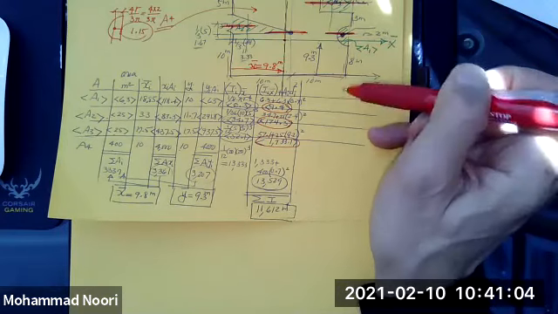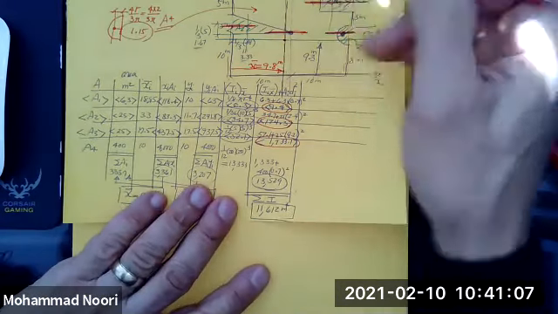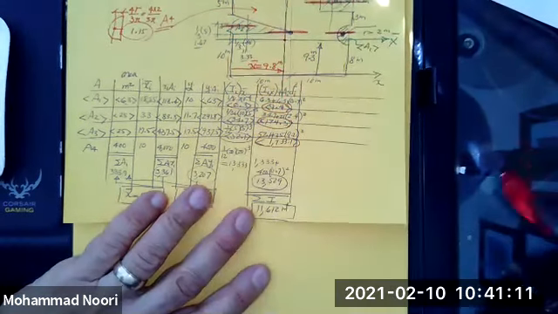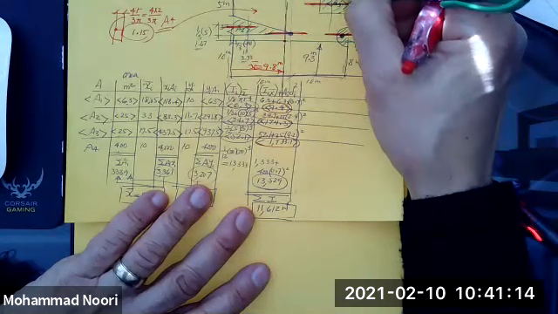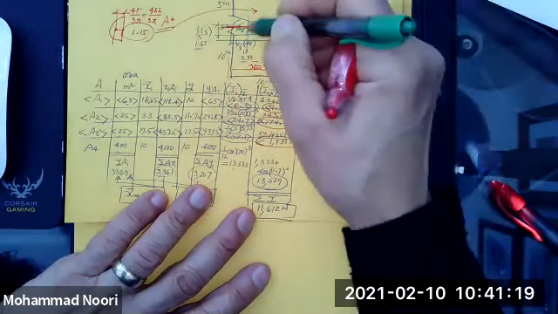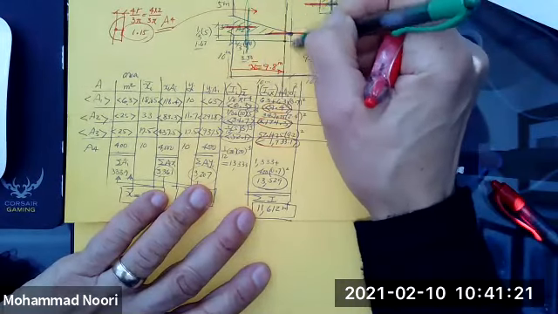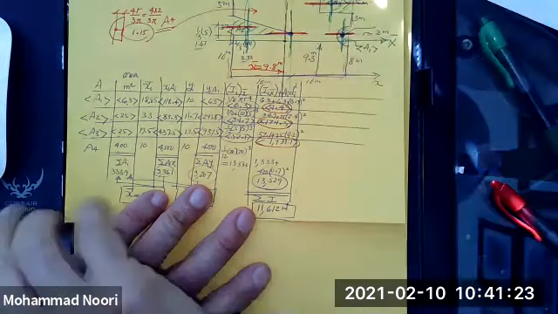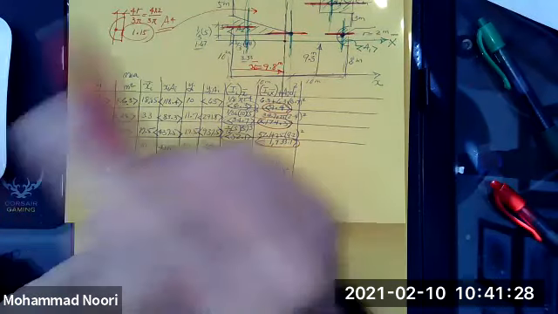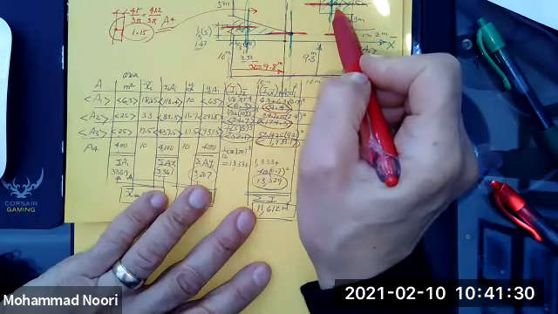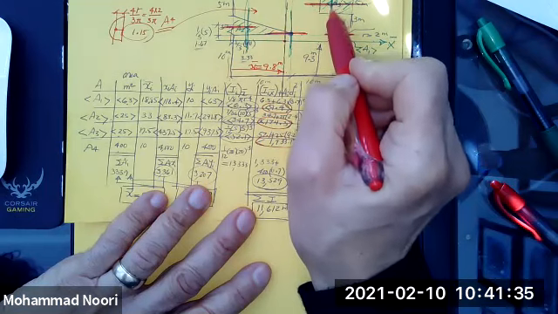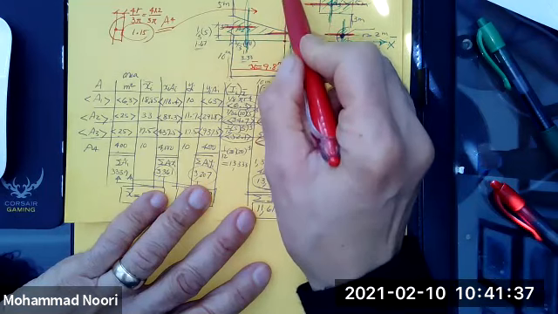No? So now you want to find the moment of inertia about this axis. What you need to do is find the moment of inertia of each shape about its own y centroidal axis, and then add to it the area times the square of the distance from its centroidal axis to the new axis.